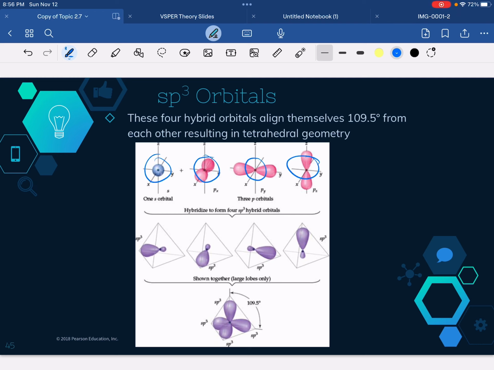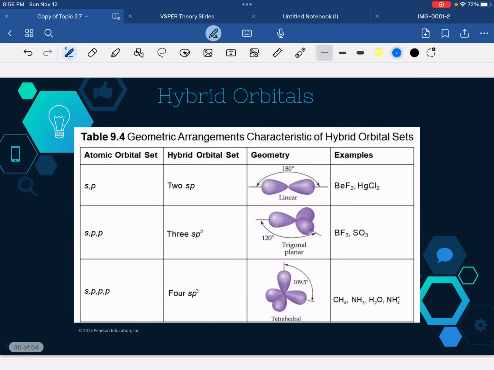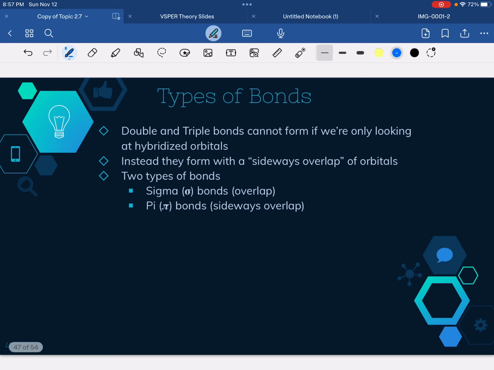These four bonds, or these four orbitals here, would not have 109.5, right? We have to have this hybrid orbital to make that work. All right, and so we can see that our geometries come with general hybrid orbitals that you normally see.